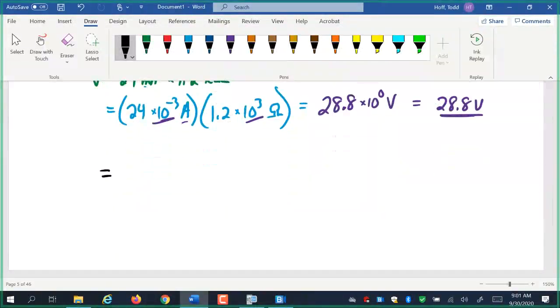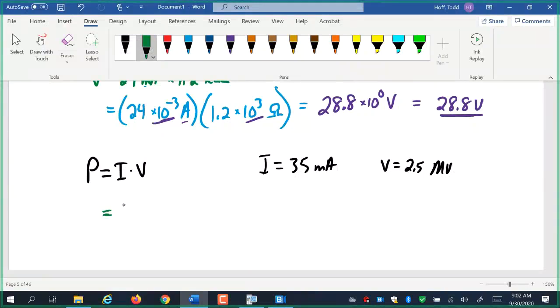We might have, for power, we know that power equals current times voltage. So we might have a current of 35 milliamps and a voltage of 2.5 megavolts.